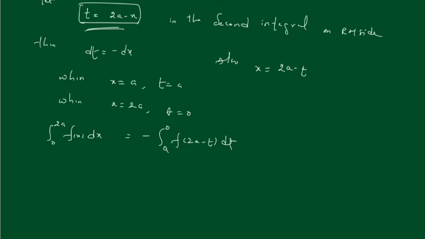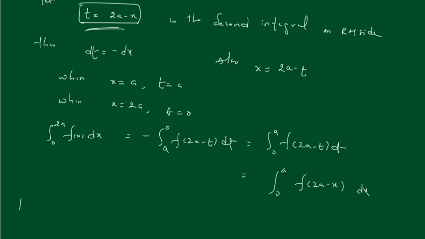By applying the second property again, a to 0 becomes 0 to a and the sign changes: the integral from 0 to a of f of 2a minus t dt, which equals the integral from 0 to a of f of 2a minus x dx.